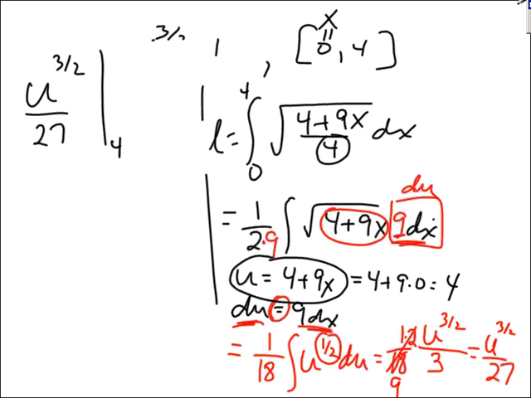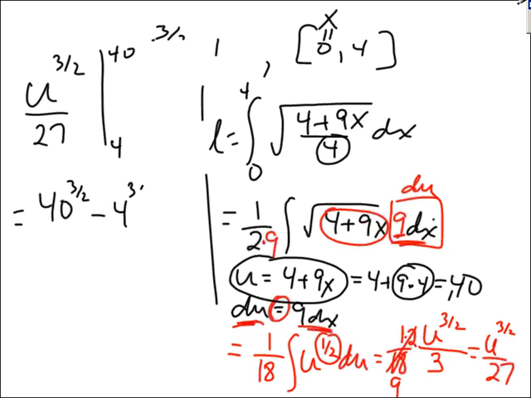So lower limit is 4. And if x is 4, then u equals 4 plus 9 times 4, that's 36. 4 plus 36 is 40. So then I get 40 to the 3/2 minus 4 to the 3/2, over 27.